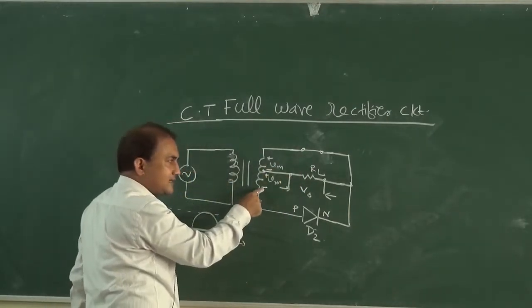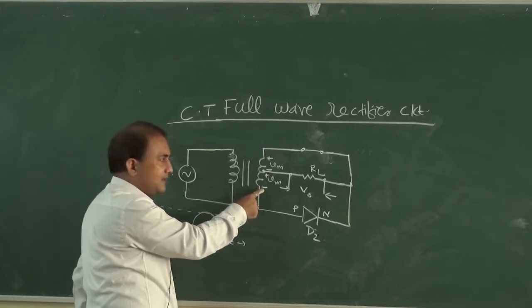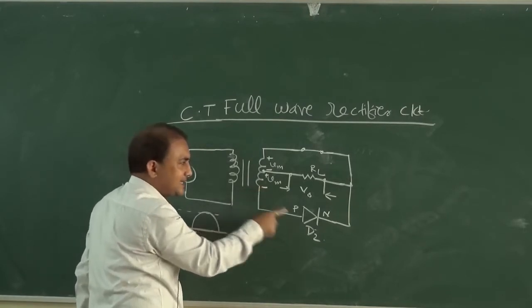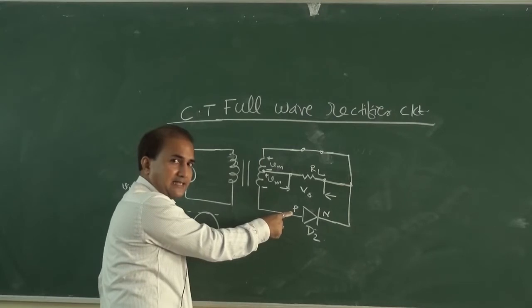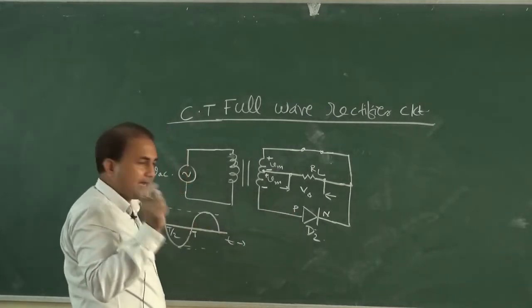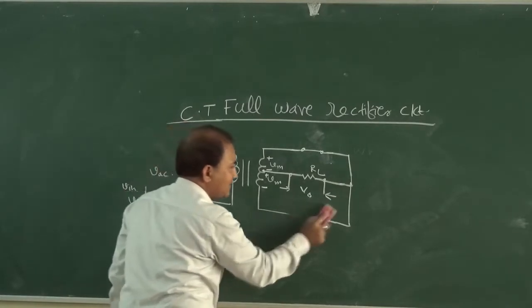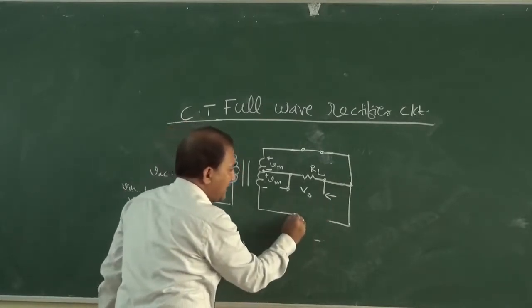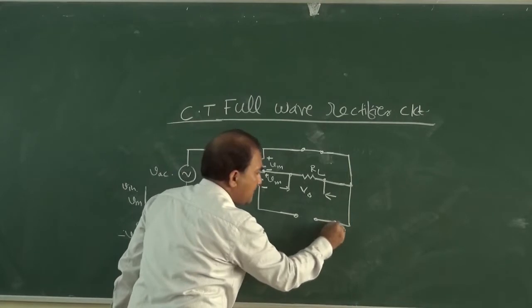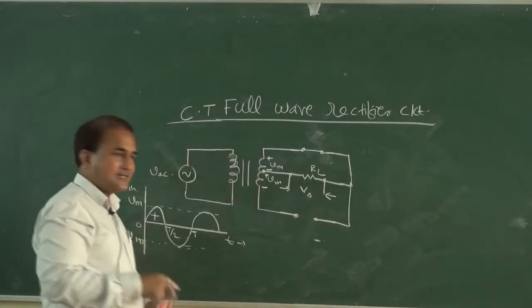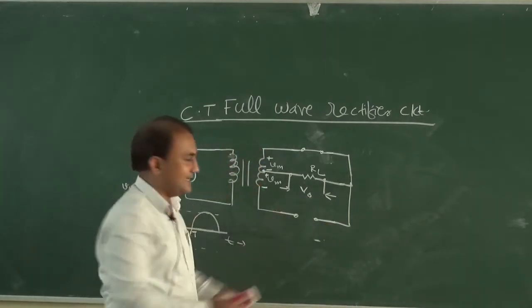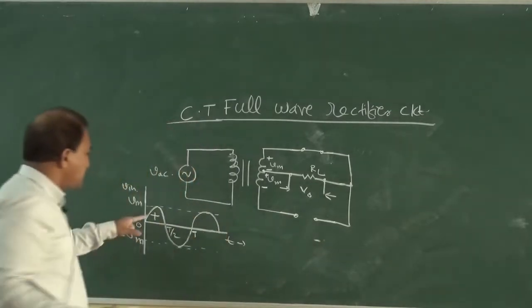Now here it is negative, and negative potential is connected to the N side of the diode, so diode D2 is in reverse bias. We can represent this with open, considering the ideal case.